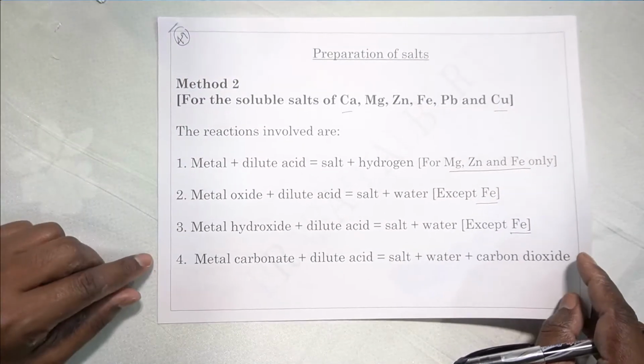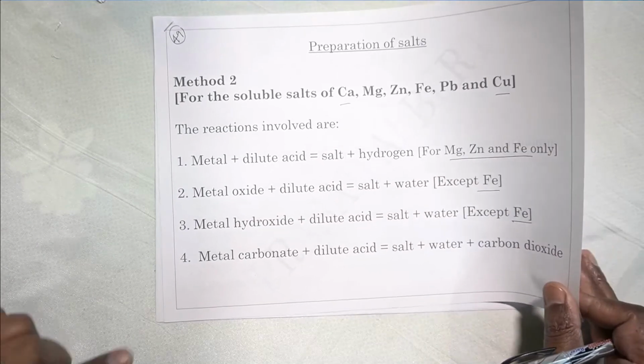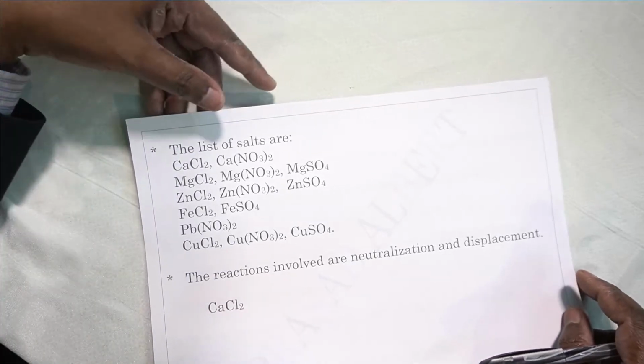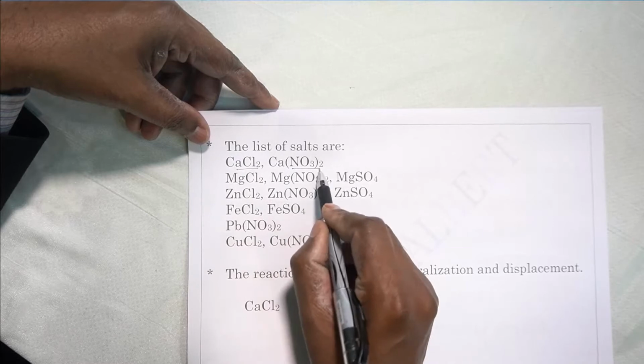So these are the 4 kinds of reactions: metal plus acid, metal oxide plus acid, metal hydroxide plus acid and metal carbonate plus acid. Let us apply this on various salts now, to see how we can prepare them. The list of salts: for calcium we have 2 soluble salts, calcium chloride and calcium nitrate.